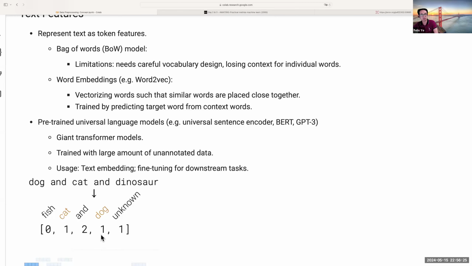Here, we are trying to embed sentences into bag of words, basically a vector, and we use this vector to represent this piece of a sentence. But in fact, you can also embed one word into a vector. So basically, you can vectorize the words so that similar words are placed close together. If two words are close to each other, then they might have similar meanings, and so on.